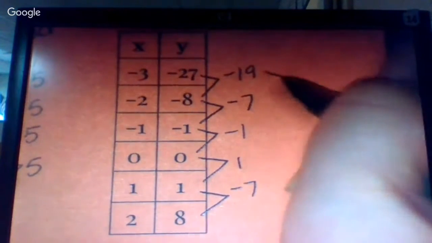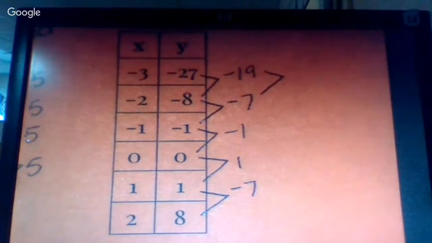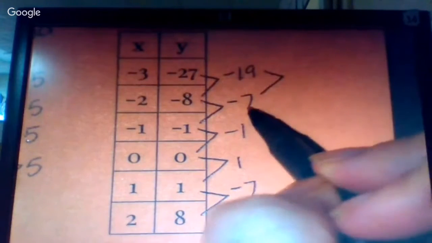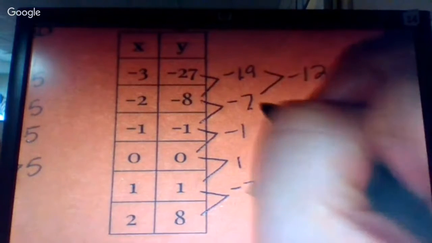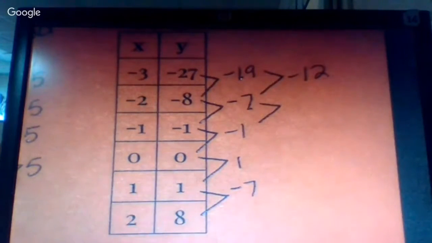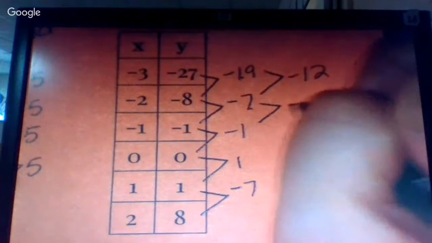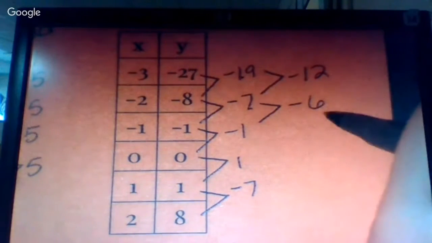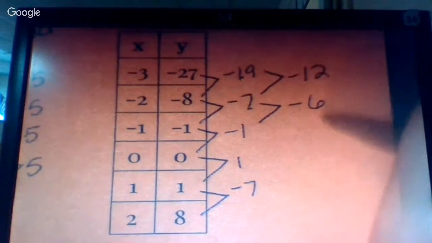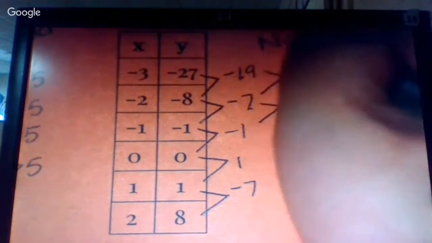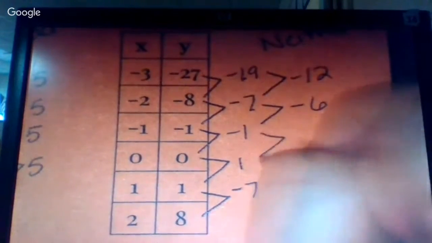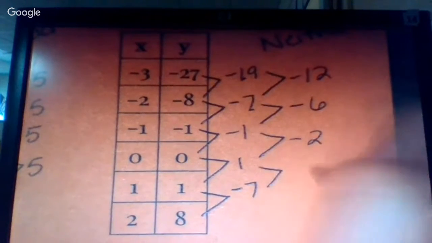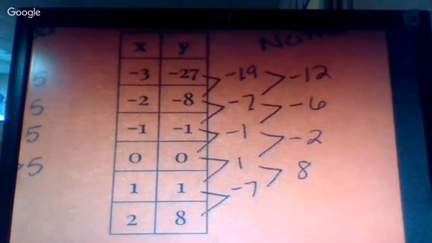It's not linear. Let's move on. Negative 19 minus negative 7 is negative 12. Negative 7 minus negative 1 is negative 6. Uh-oh. It's automatically nothing. So this is neither. You can continue.